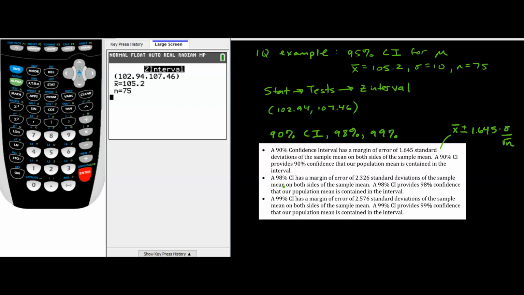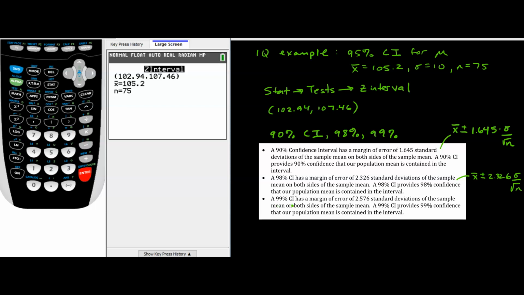Or a 98% confidence interval has a margin of error of 2.326 standard deviations of the sample mean on both sides. And so that formula would look like this. It would be x bar plus or minus 2.326 times sigma over root of n.